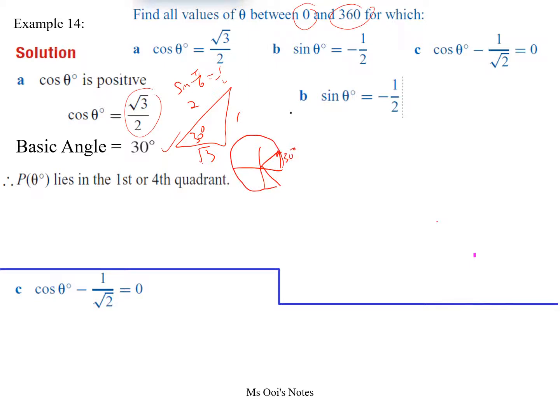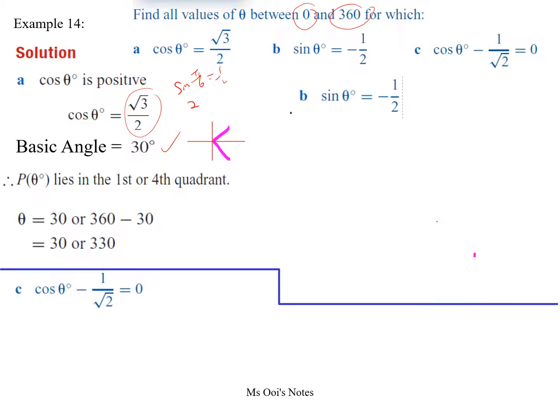Going around all the way here, you get 360 minus 30, which is 330 degrees. So draw that mini diagram, it will help you. So theta is 30 or 330 degrees. And have we answered the question? That's it, because we only need one cycle of solutions, one revolution.